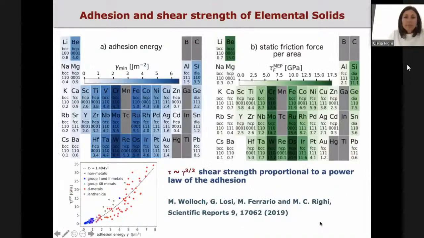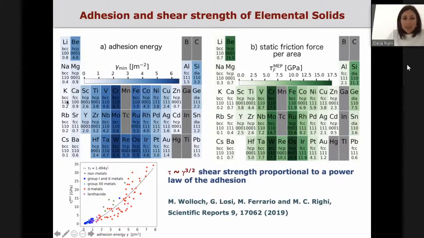We applied this protocol to calculate the interfacial intrinsic properties of homogeneous interfaces, so the same material is mated. Here you can see the adhesion. We consider different surfaces for the same material.